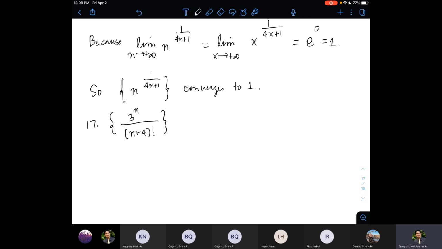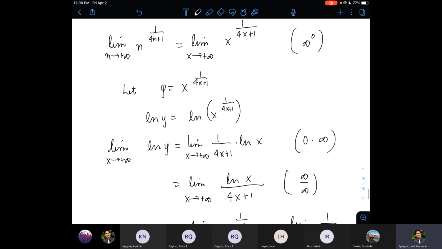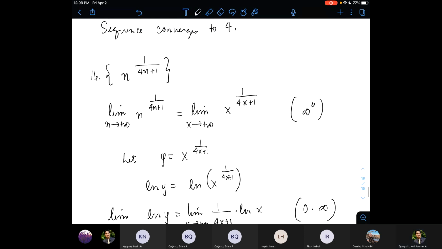Kevin, you cannot say that. Though that is true, any number to the 0 power is equal to 1. That's correct, right? But here, it is not just any number raised to 0. It's a very large number, but it is not raised to exactly 0 because the exponent here is not exactly equal to 0.